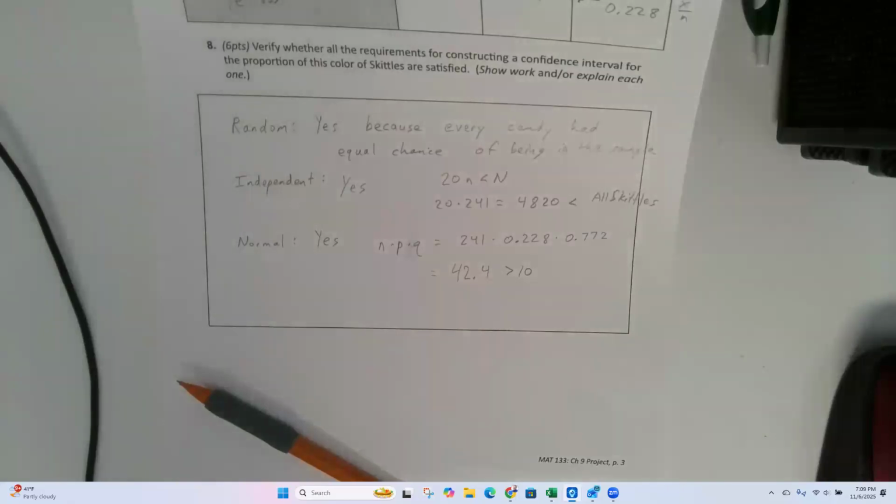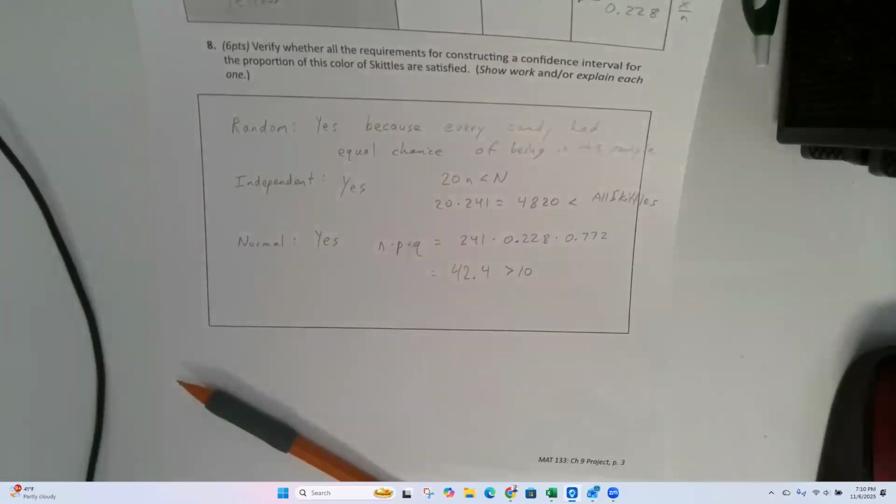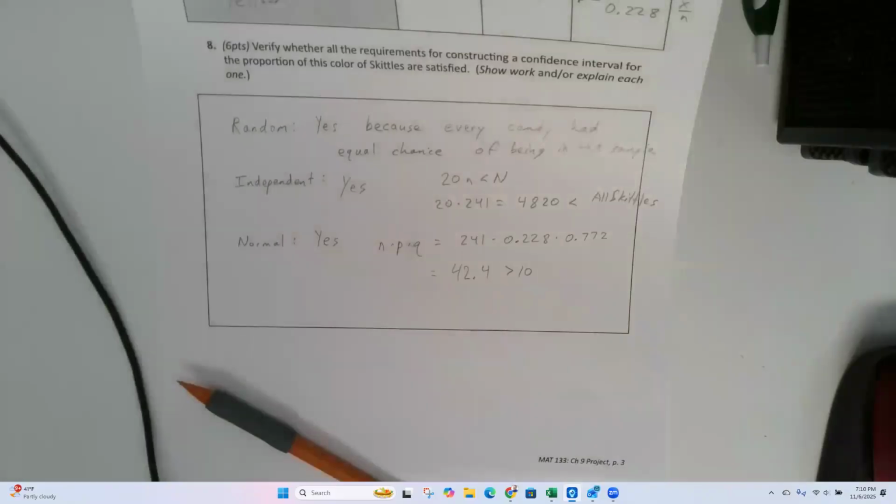An example would be if I was an ad company trying to see if I should run this ad, is it going to be effective? Well, I don't want to pay millions of dollars for a Super Bowl commercial that's not going to work, right? So I could run a sample, okay?